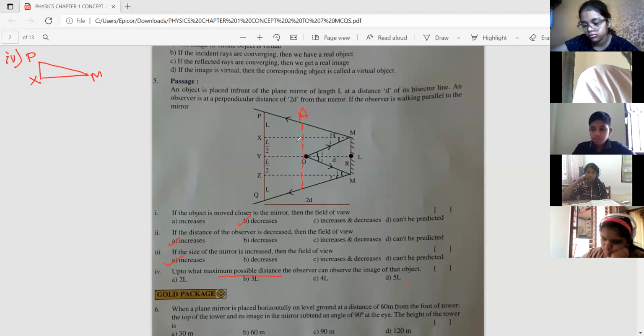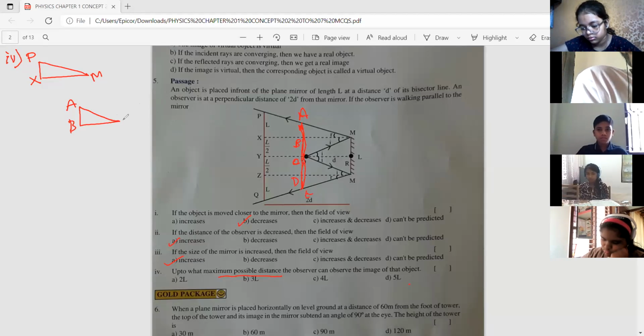A, B, C, O is there. Let us take this is D and this is E. Just imagine some points on the straight line I draw. It is passing through O and cuts B. Now let us observe one more triangle, O, B, M.